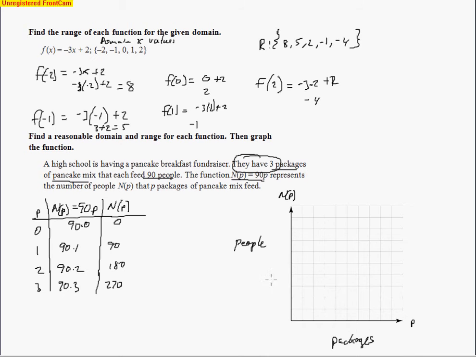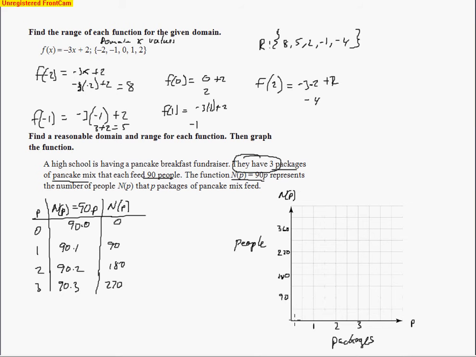And so I've got 3 packages, and I'm going to just space this out a little bit to make the line look a little bit different. So this is going to be one package, 2 packages, 3 packages. This would be like a half package, 1 1/2, 2 1/2, and so on. And so going up, I'm probably going to go by, let's go by 90s here. I'm going to call this one 90, and then this would be 180, this would be 270, and so on, 360.